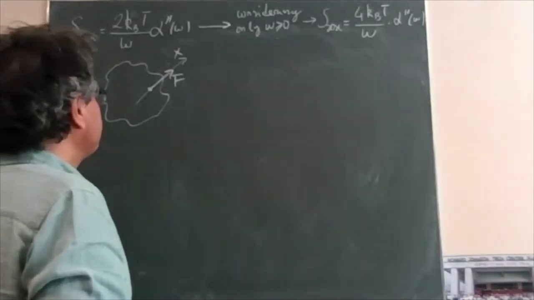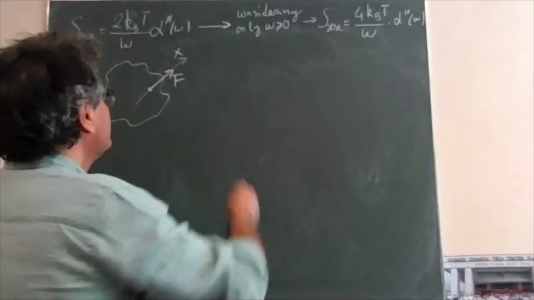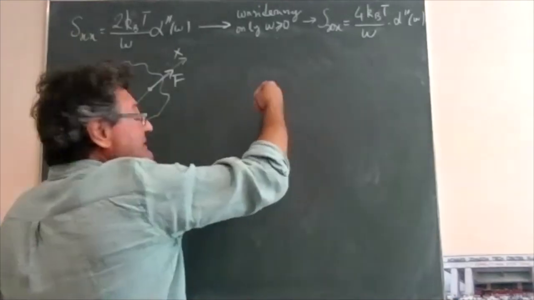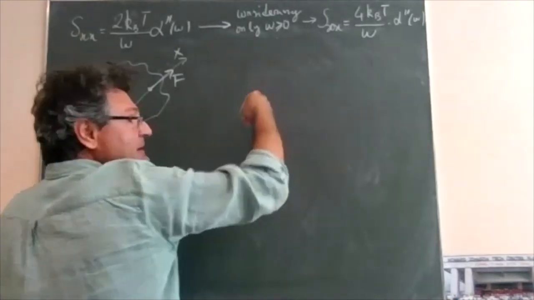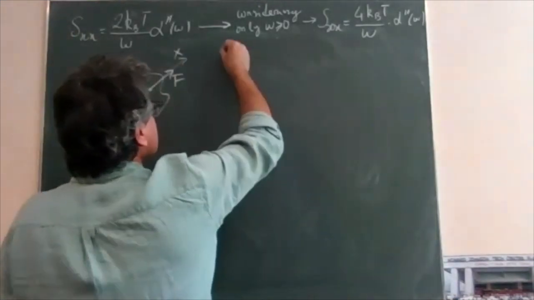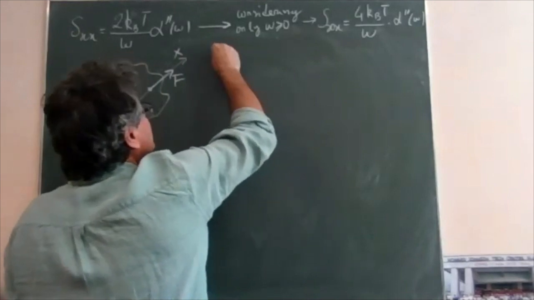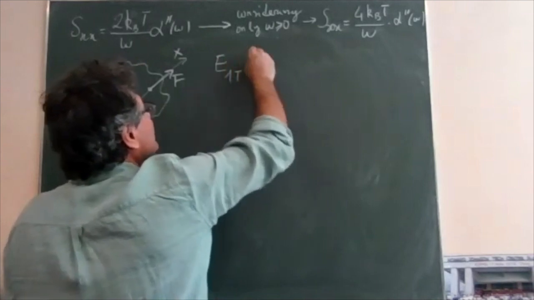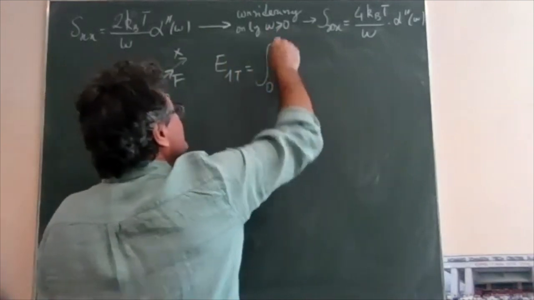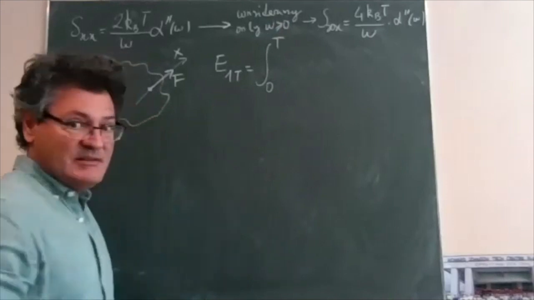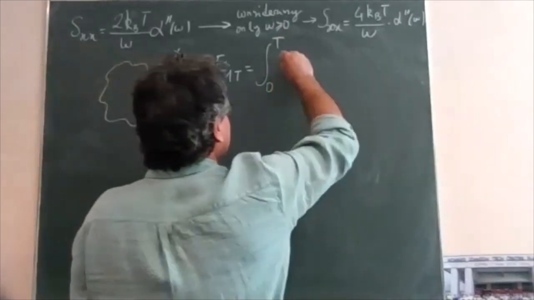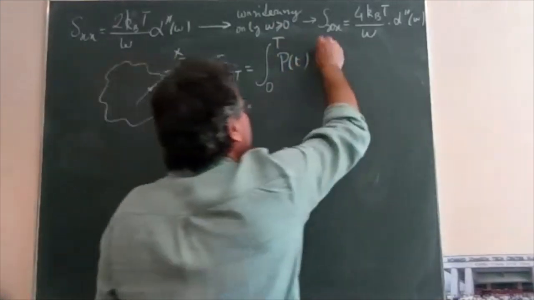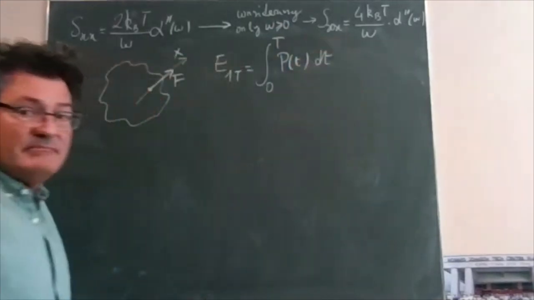So we are going to calculate the energy through the power. The energy in one cycle is the integral from 0 to T, where T is the period of the cycle, of the instantaneous power dt.